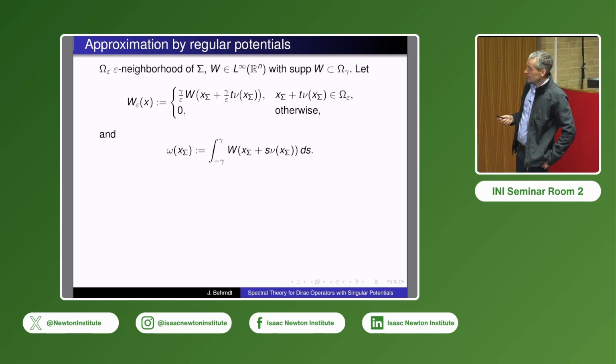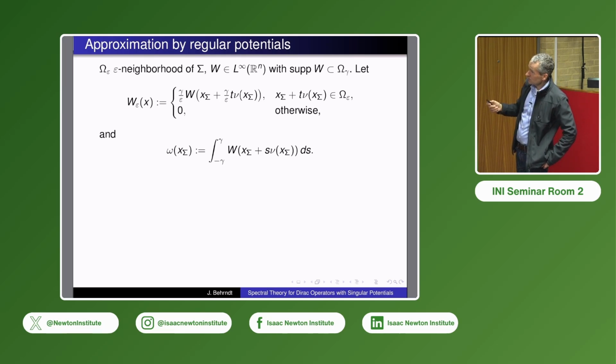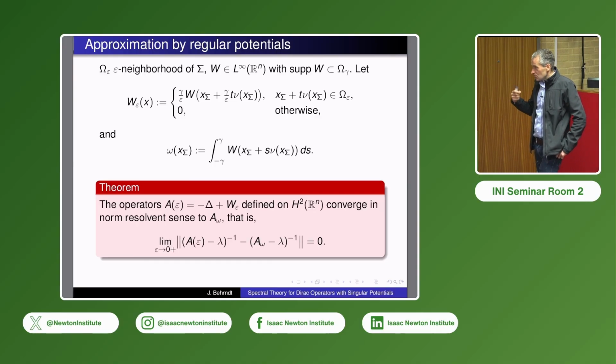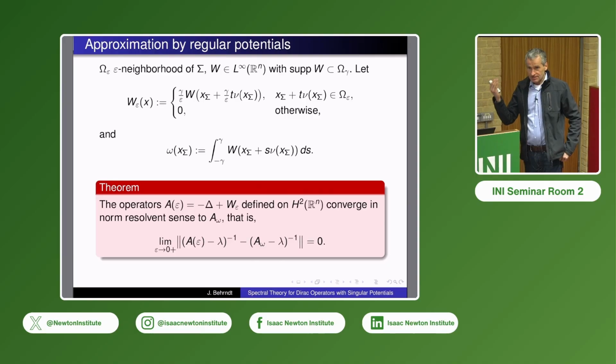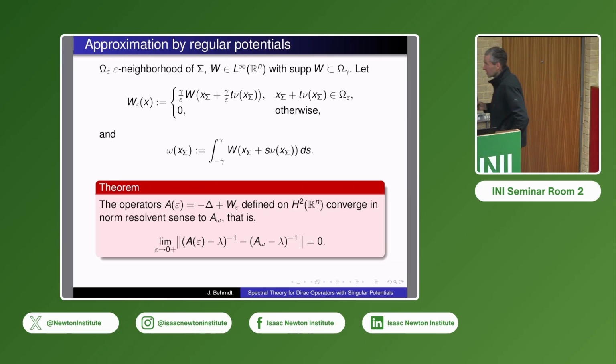Then you can integrate this W perpendicular to your hypersurface. That would give you a little coefficient omega, which is L infinity. You can prove that. And now the theorem, without going too much into detail, tells you the following. I look at the classical Schrödinger operators with a family of shrinking potentials, omega epsilon. With these operators, I have no issues in terms of self-adjointness or something.